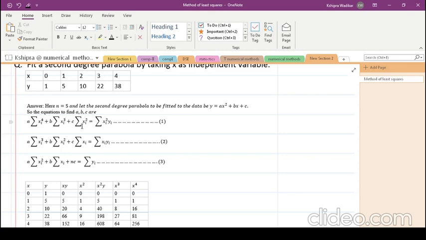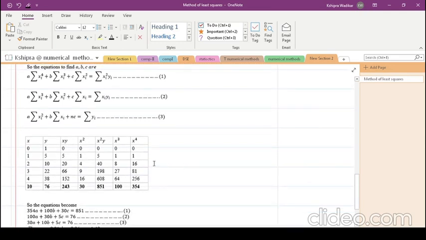Third, a times summation xi square plus b times summation xi plus nc equal to summation of yi. So we have to calculate xi to the power 4, xi cube, xi square yi and xi yi. A table is prepared below. The last row is the total of all these things.